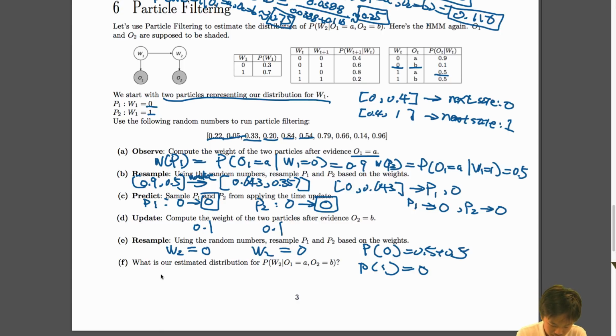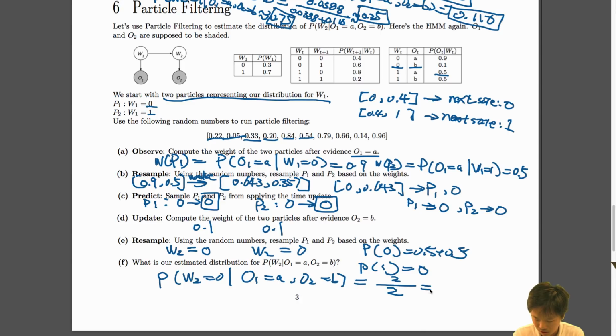That basically means the probability of W2 equal to 0 given observation O1 is A and O2 is B is going to be 2 over 2, and that's going to be 1, because both of them are in W2 equals 0 after getting these observations and prediction updates.